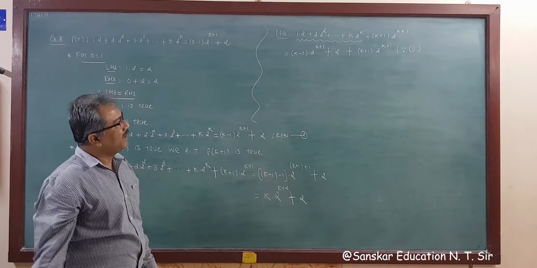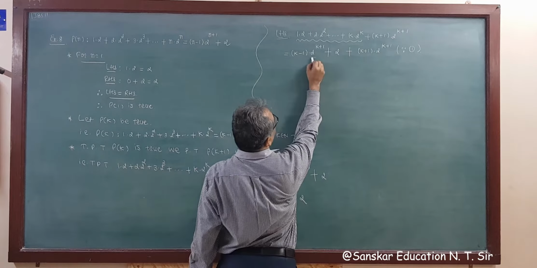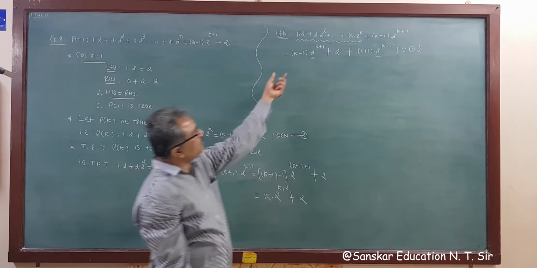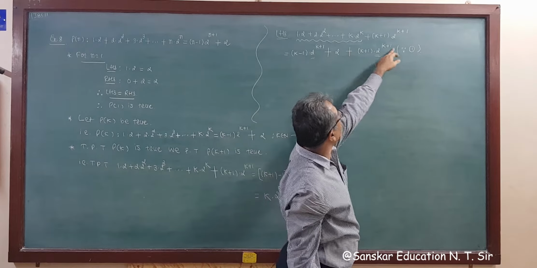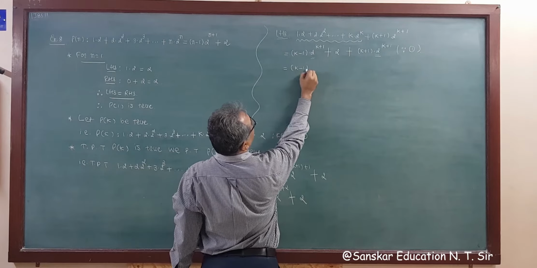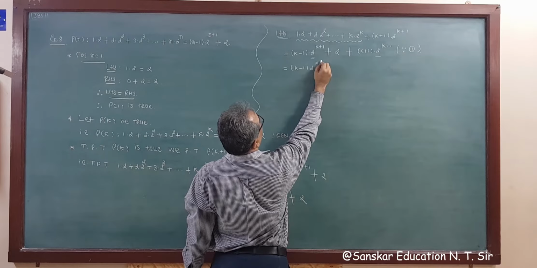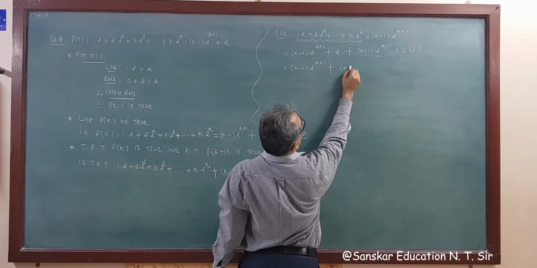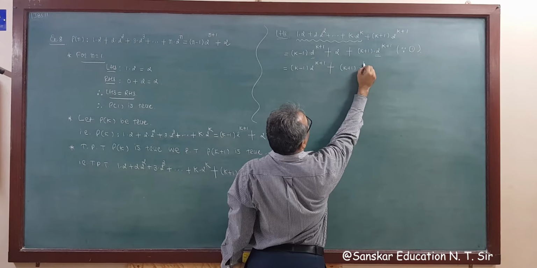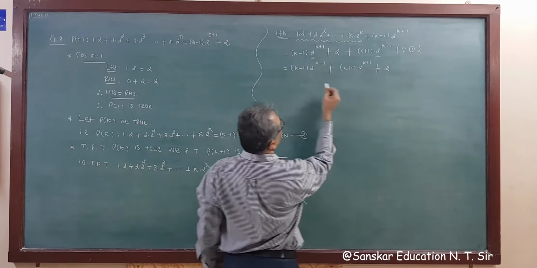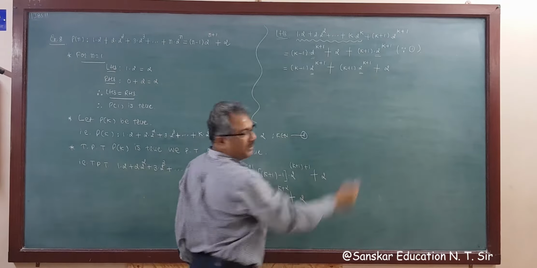Right? Now see here. This is 2 raised to k plus 1. Again this is 2 raised to k plus 1. So writing these two terms together and taking 2 raised to k plus 1 common. So what we get here? (k minus 1) into 2 raised to k plus 1 plus (k plus 1) into 2 raised to k plus 1 plus 2. Now 2 raised to k plus 1 is common, right?